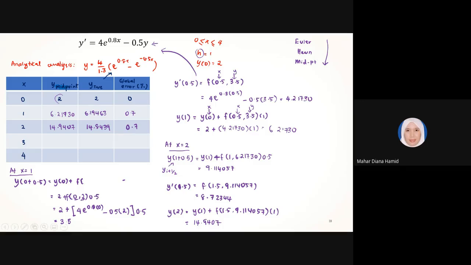So this is for x equals to 1 and x equals to 2. Can you try to do this for x equals to 3 and x equals to 4? I'm going to give you about 10 minutes. And then later on, we're going to discuss your tests. Okay, so this is 11 past 10.